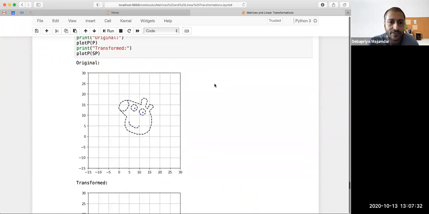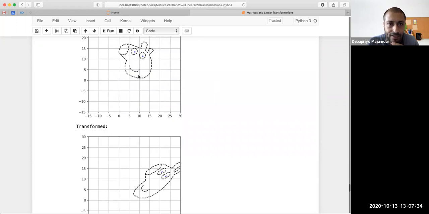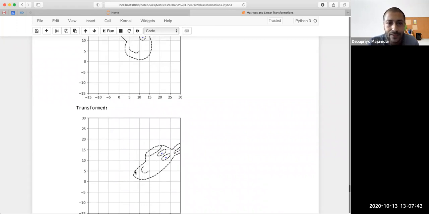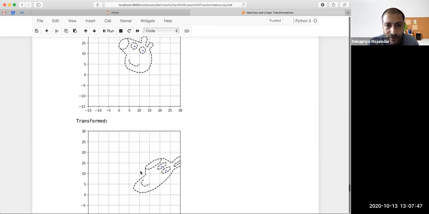So this was our original picture, right? Now everything is pushed sideways. So 1 0 becomes 1 1. That means the more the y value, the more x is pushed.